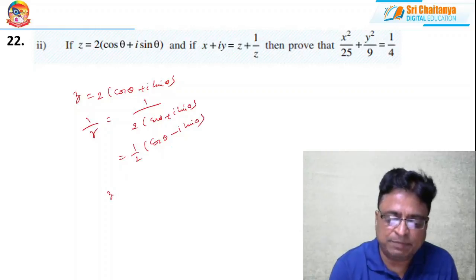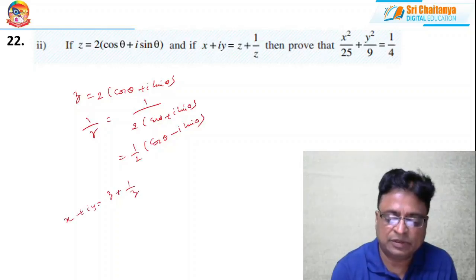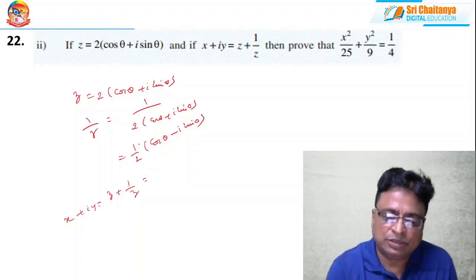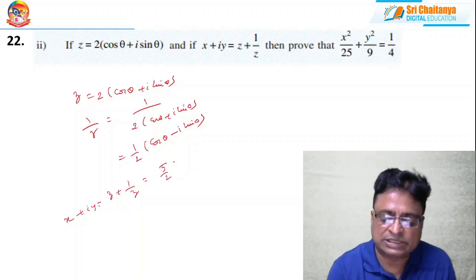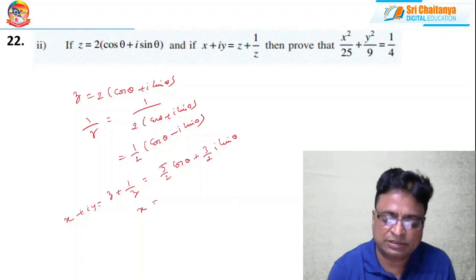So what is z plus 1 by z? This is given as x plus iy. So if I add this, 2 plus 1 by 2, that is 5 by 2 cos theta. 2 minus 1 by 2, that is 3 by 2 i sin theta. So my x is what? 5 by 2 cos theta.